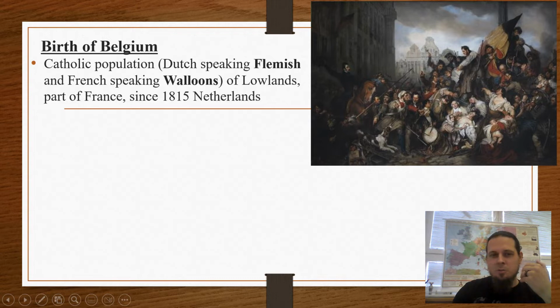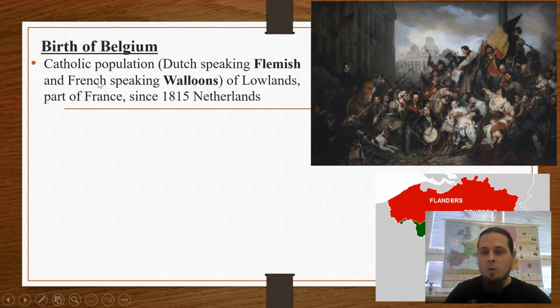Anyway, after the Congress of Vienna, it became part of the Netherlands, and this started to be the problem, because the Dutch, who were Protestants, were not getting on very well with the Catholic population of the southern provinces, despite, for example, sharing the same language, Dutch, with the Flemish population of Flanders, and in the southern provinces, the French-speaking Walloons.